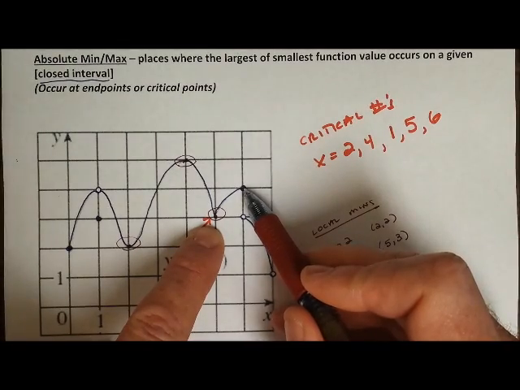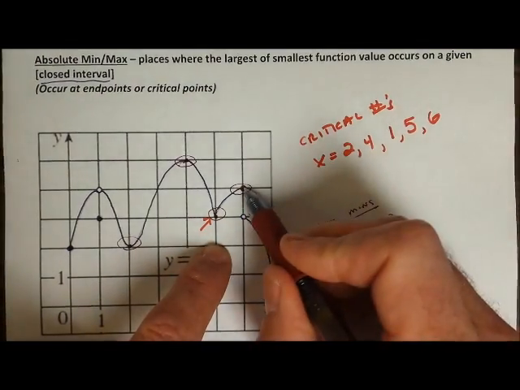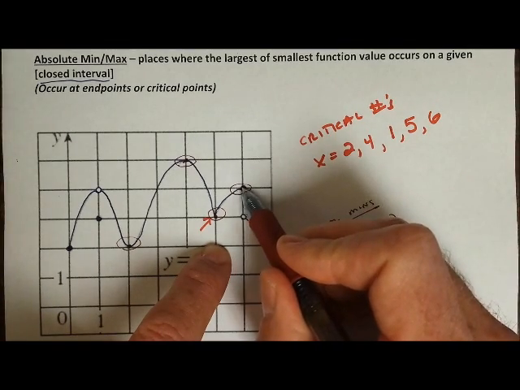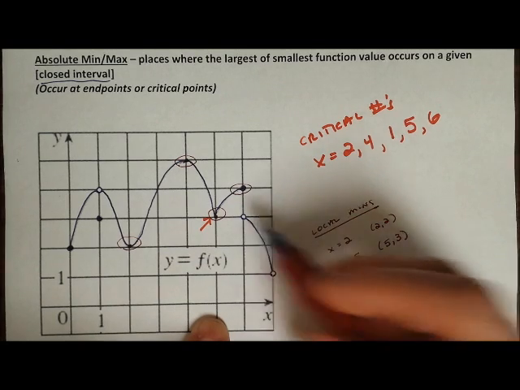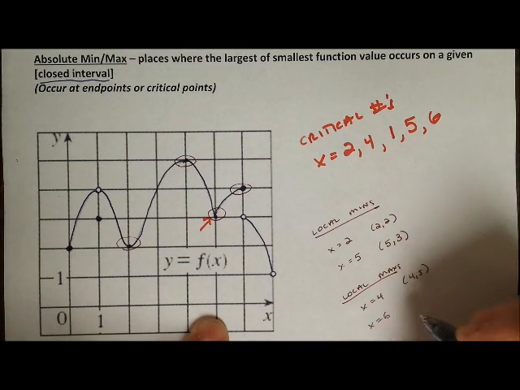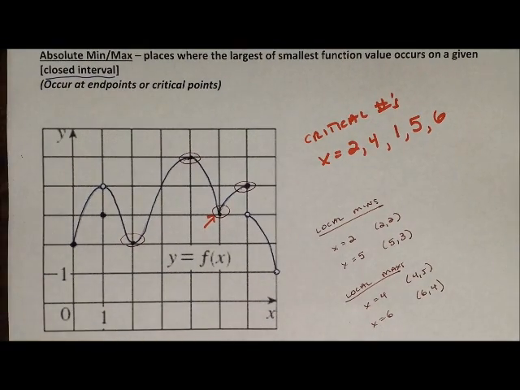There's another local max right here, because again, look at the points right around it. That is the highest point. Everything else is just a little bit lower. So that occurs when x is 6 and has the coordinates (6, 4). So that takes care of our local maxes and local mins.